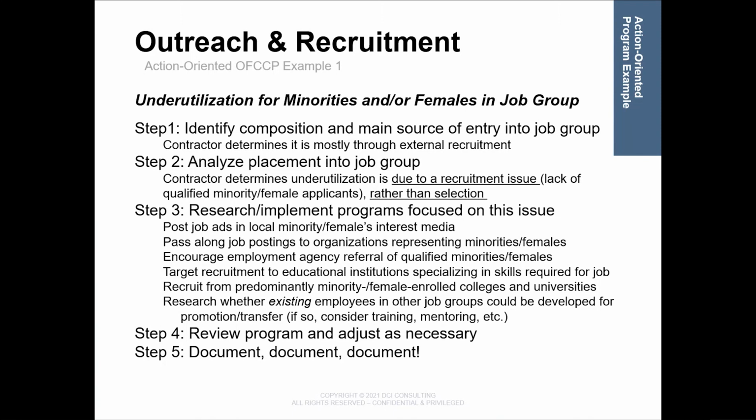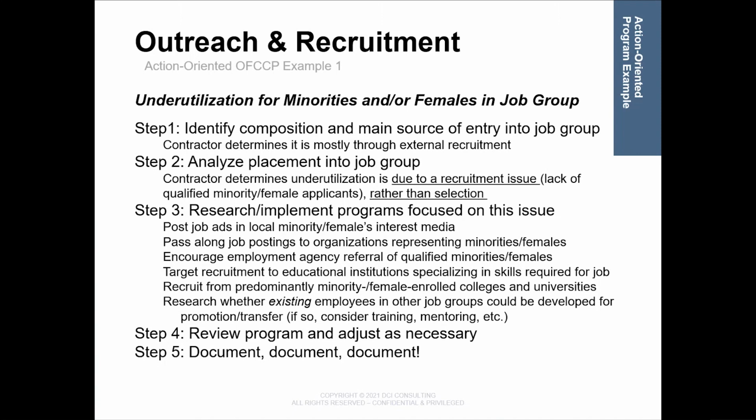These specific recruitment ideas were such: posting employment advertisements for all positions in any local minority and women's interest media, disseminating information on the job opportunities to organizations specifically representing minorities and women, as well as employment development agencies in general, encouraging all employees to refer qualified minority and female applicants, actively recruiting at secondary schools, junior colleges, and universities with predominantly minority or female enrollments, and conducting targeted recruitment at educational institutions and programs that specialized in the skill sets required for the position of that 2A analyst.